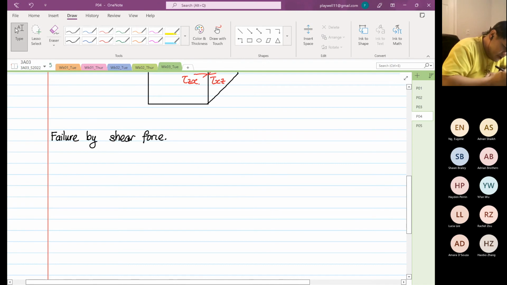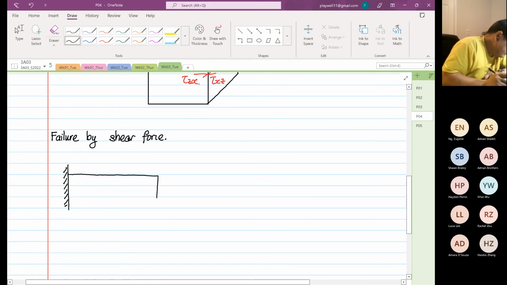So I'm going to sketch out a cantilever beam. So this is our cantilever beam. And I'm going to sketch our cantilever beam such that it has layers. Okay. Such that it has layers.